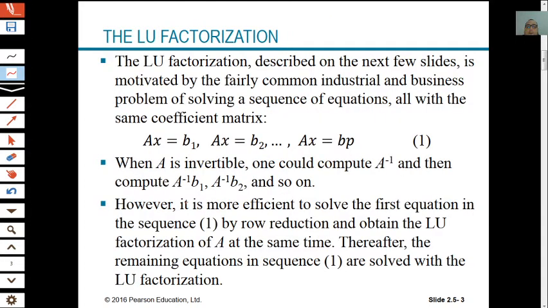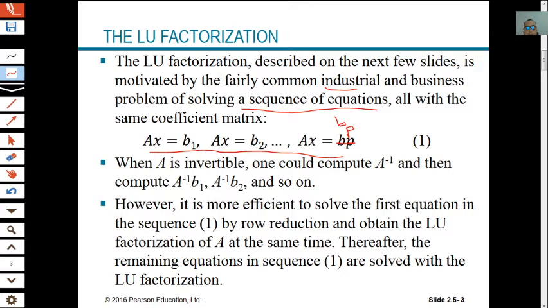The LU factorization described on the next few slides is motivated by the fairly common industrial and business problem of solving a sequence of equations all with the same coefficient matrix, like this sequence: Ax = b1, Ax = b2, up to Ax = bp. Here p is an index, not the product of p times b.